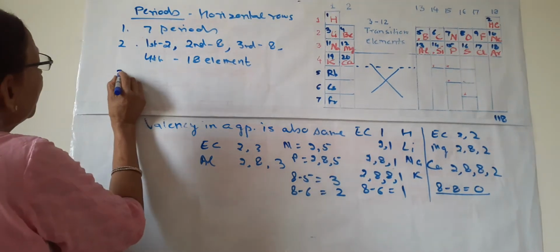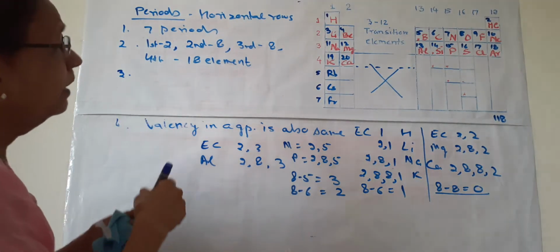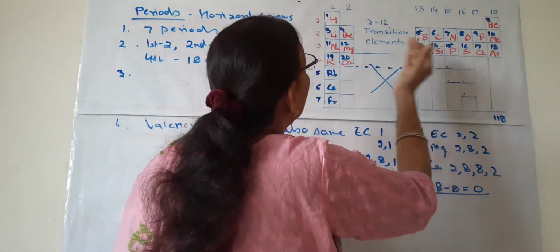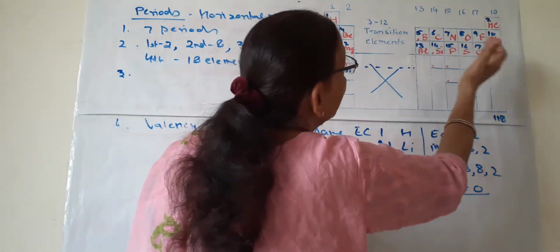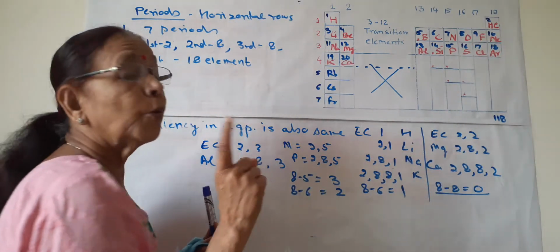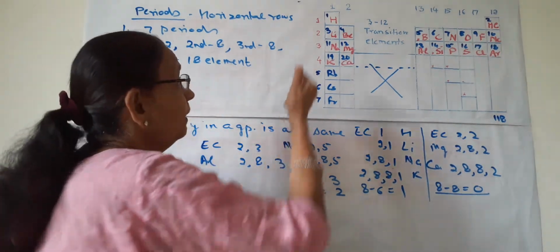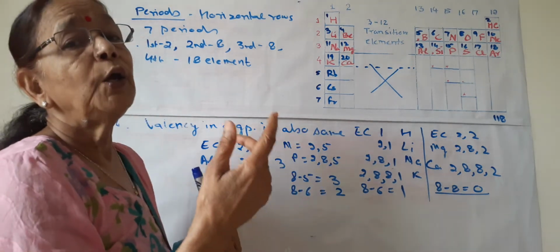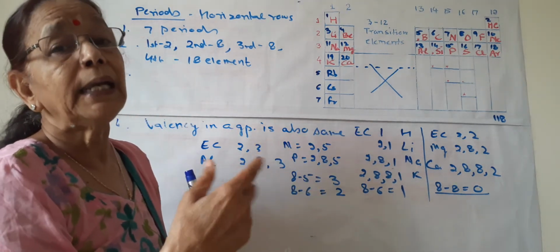The third important point is, as we go from left to right, the atomic number increases only by 1. In a group, we have seen the atomic number increases by 2 or 8 or 18.